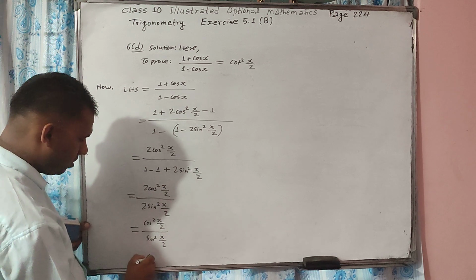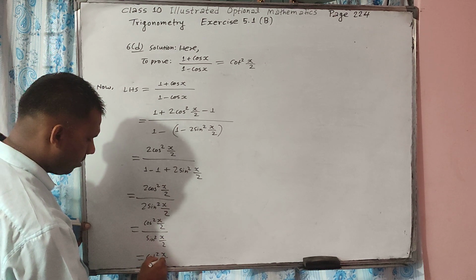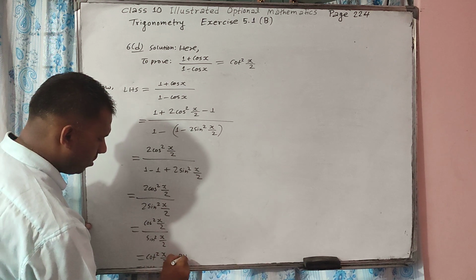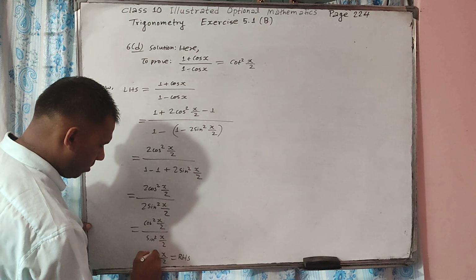Cos by sin, that is cot square x/2, equal to RHS. Proved.